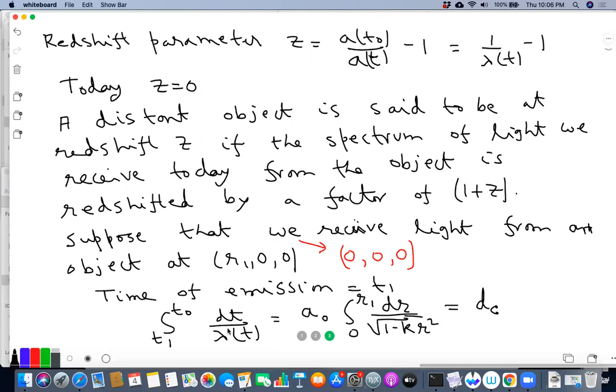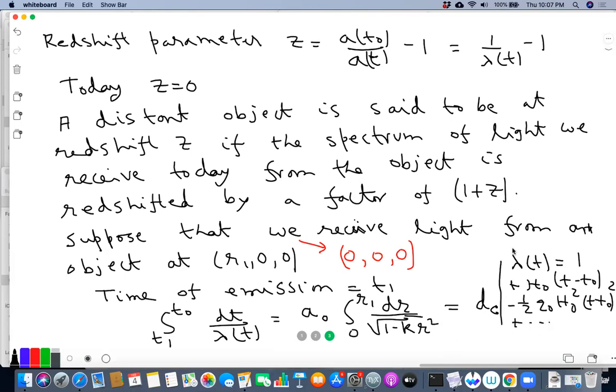Now, let me remind you that we had postulated the expansion of lambda t of the form 1 plus H0 times (t minus t0) minus half q0 H0 squared (t minus t0) squared and so on.